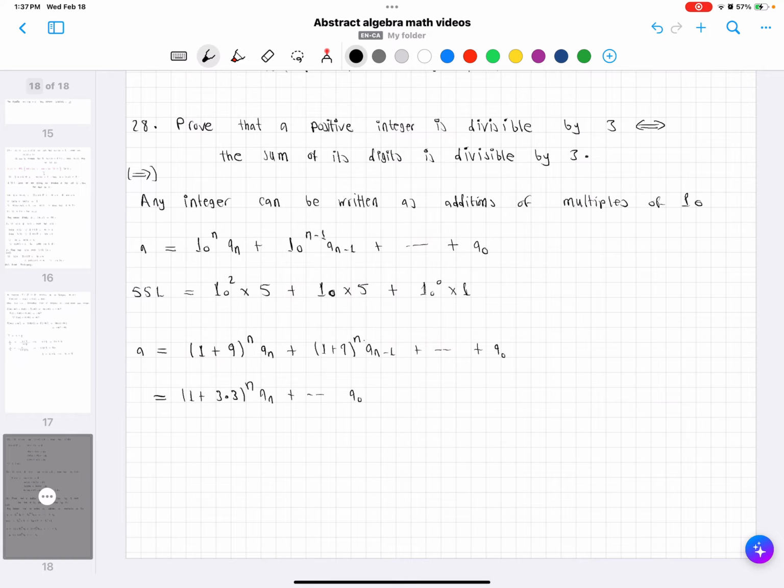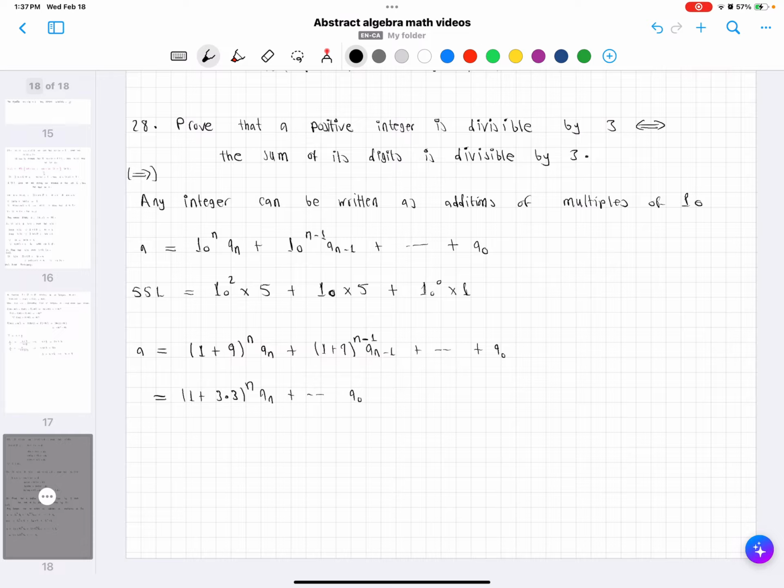So this should be n minus 1. And then what we want to establish is that each of the digits is divisible by 3.